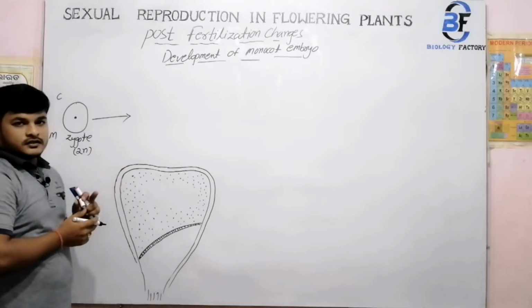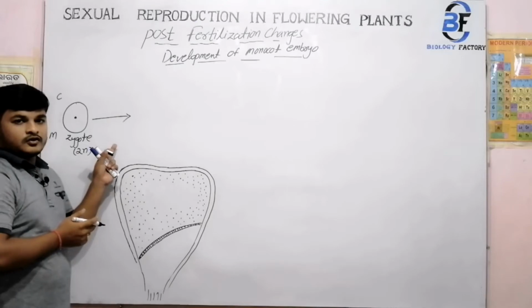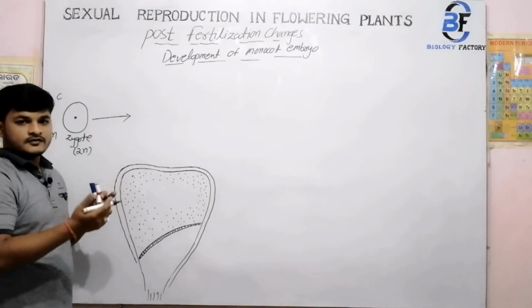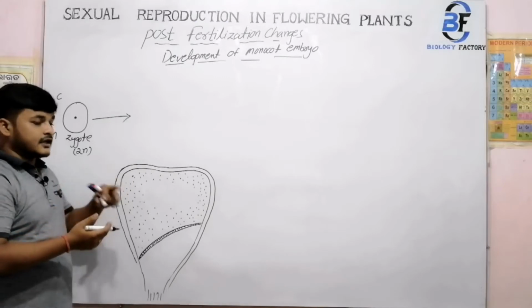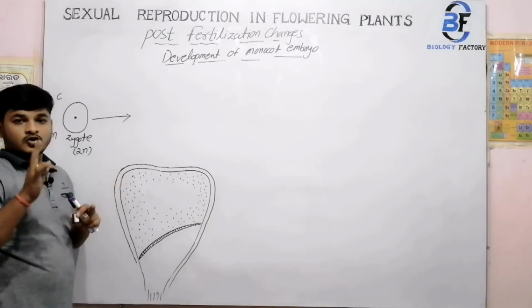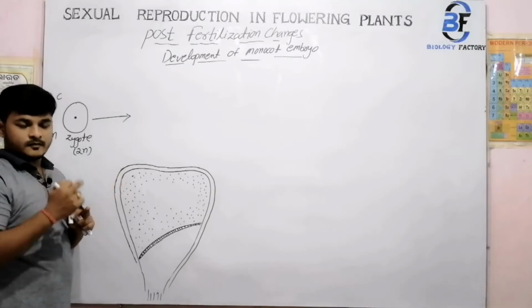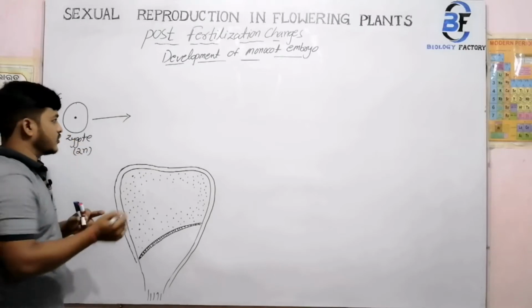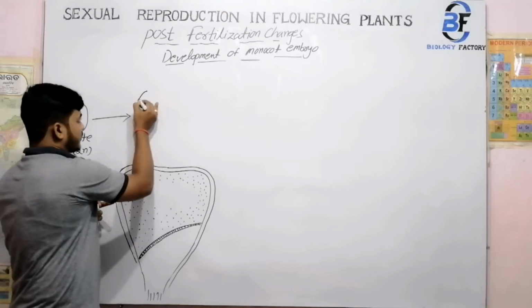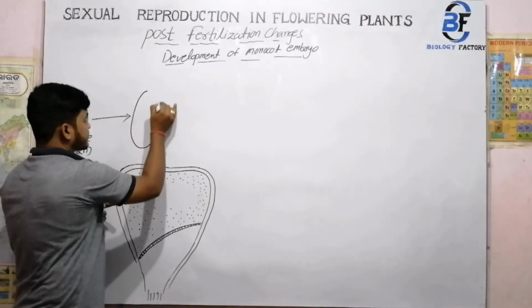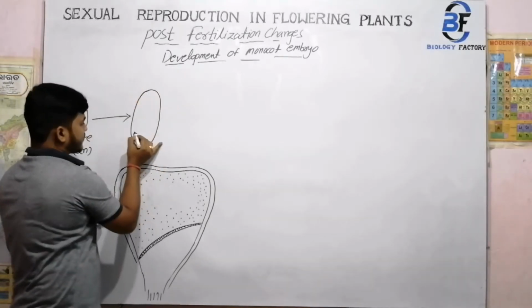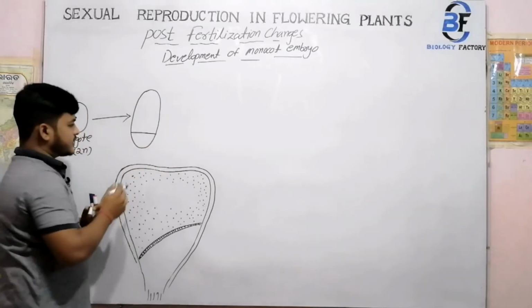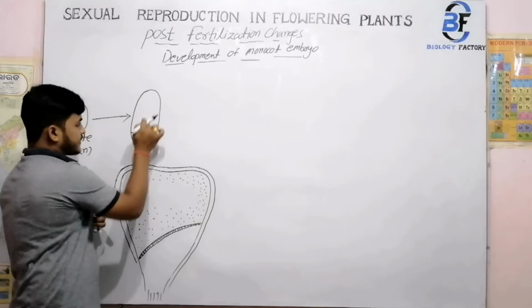In the monocot embryo also, mitotic division takes place transversely, but the change is that in dicot two cells are formed, one basal cell and one terminal cell, but here 3 cells are going to form, and the formation of cells is like this. The first division takes place, 2 cells are formed.